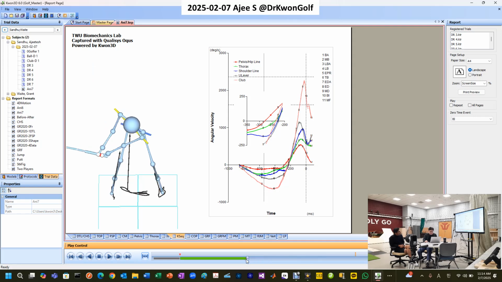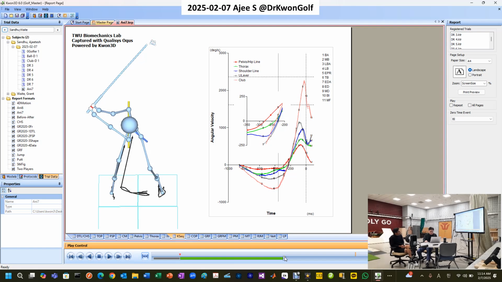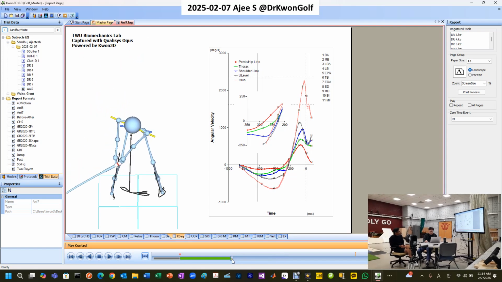The pelvis reaches peak angular velocity here. That's quite early on. And then interestingly, you have another peak here. This occurs early because you have a quick early turn, which is coming from the spinning.